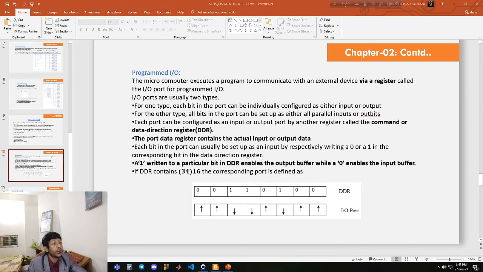The process is called command or data direction registers, or DDR. What does the DDR do? DDR inputs 0 and 1 in the microprocessor. The 0 enables the input buffer and the 1 enables the output buffers.